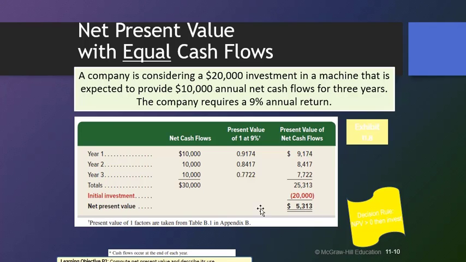Now, in this case, the net present value ends up being $5,313. When you're using net present value, in theory, if the net present value is positive, the project should be accepted. If the net present value is negative, the project should not be accepted.